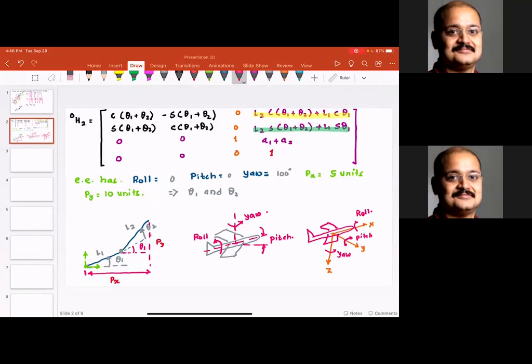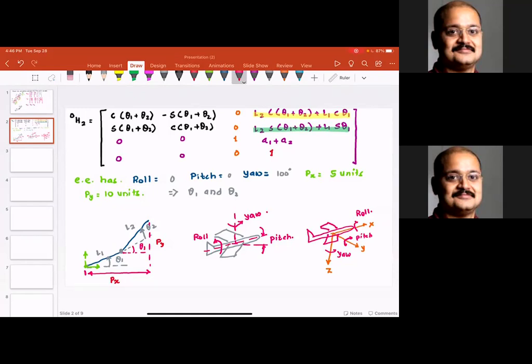Everyone understood this? Imagine that you have an end effector. You can also assume the same coordinate frame, north, east, down, or for that matter, x, y, and z. And then you can define roll, pitch, and yaw. Okay. So any other question?